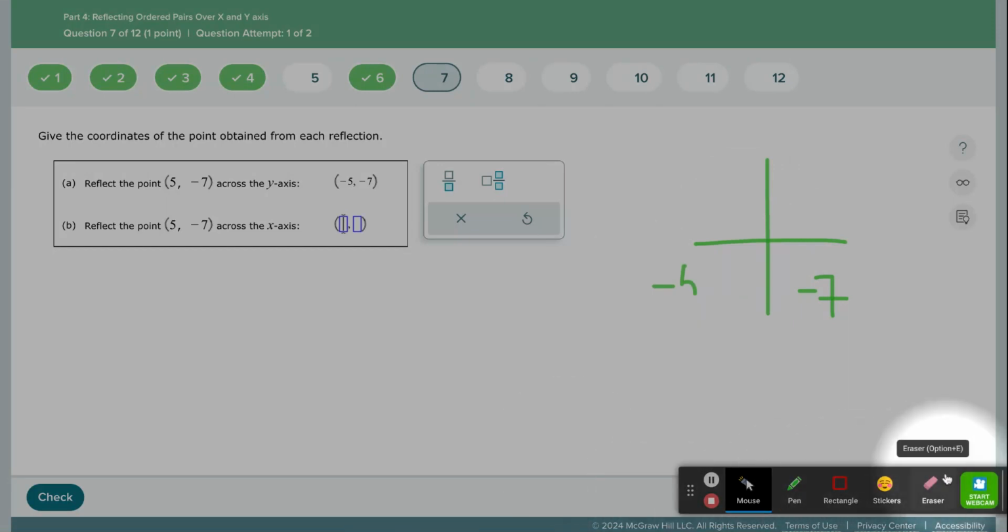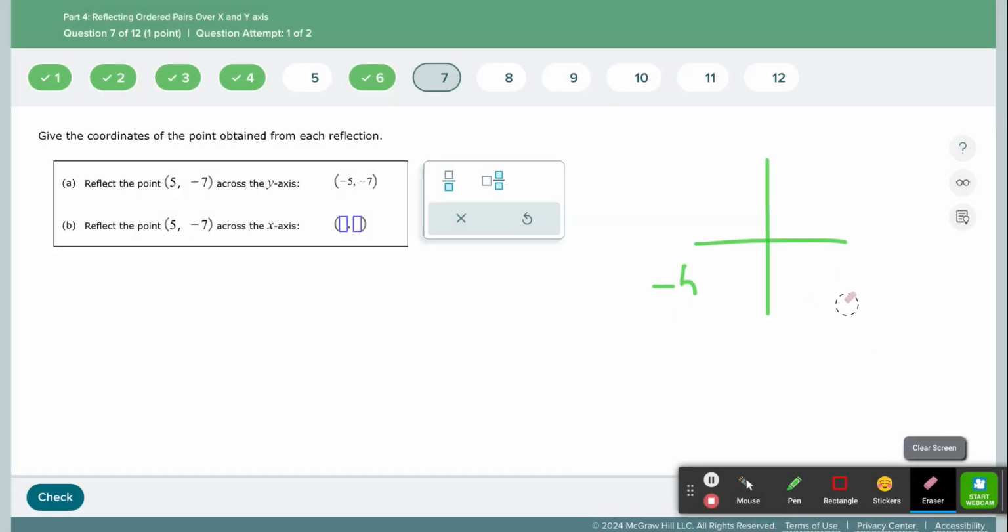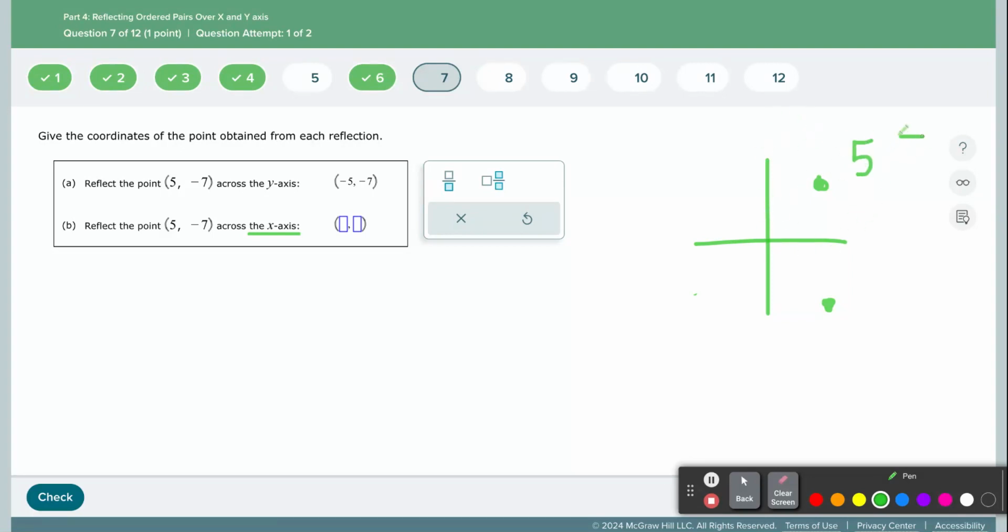Okay, so then looking at this instead, I still have my 5, -7. So where would that be? +5, -7, somewhere here, right? And I need to go across the x-axis. This is x, right? So that means I need to cross over the x, and I'm over here somewhere, correct? So any number in this quadrant, it's still a 5, it's still a 7. Just have to know if it's positive or negative.